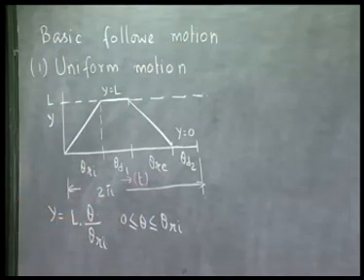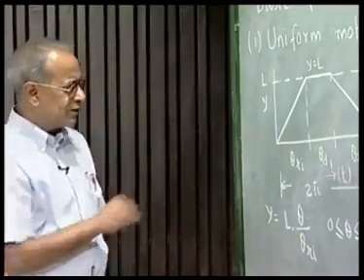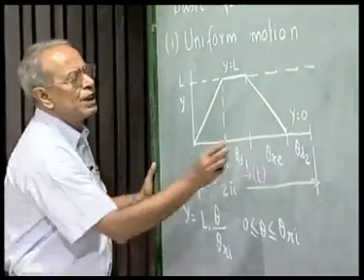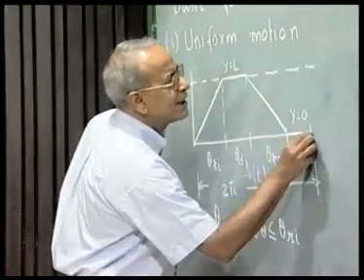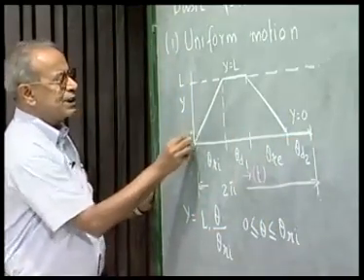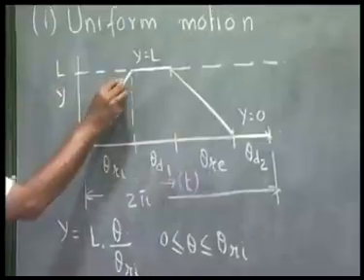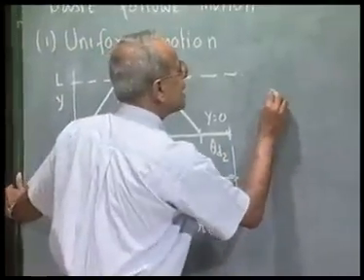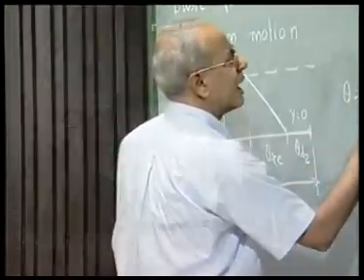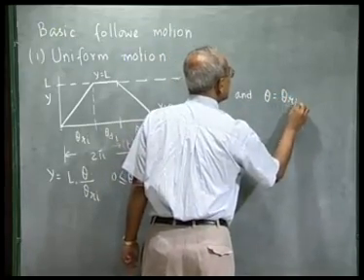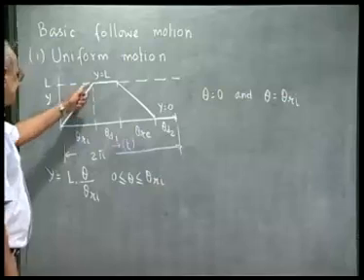Mathematically, this motion is very simple, but we can see what are the undesirable features of such uniform motion. If we look at this point, velocity was 0, and suddenly a constant velocity is being picked up, so acceleration here is infinity. So at theta equal to 0 and at theta equal to theta Ri, velocity changes suddenly.